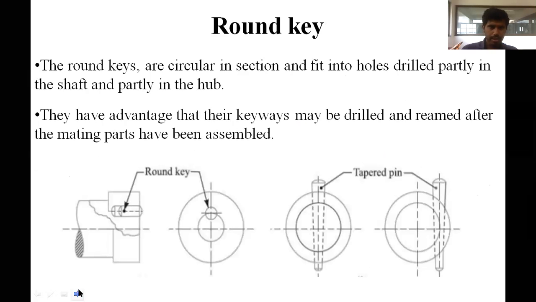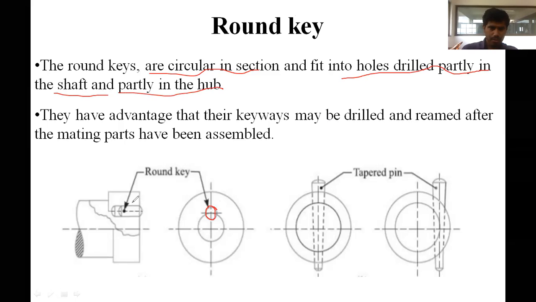Round keys, or tapered pins as they are also called. They are circular in cross section and fit into holes drilled partially in the shaft and partially in the hub.